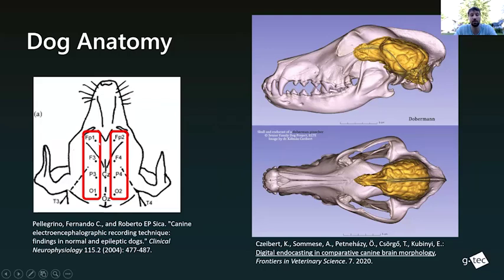They are standard positions already marked from literature, and we try to follow this guideline with this positioning. You also see on the right side the skull with the brain from the MRI of a Doberman. According to that, we try to capture as much brain activation as close as we can on the scalp.